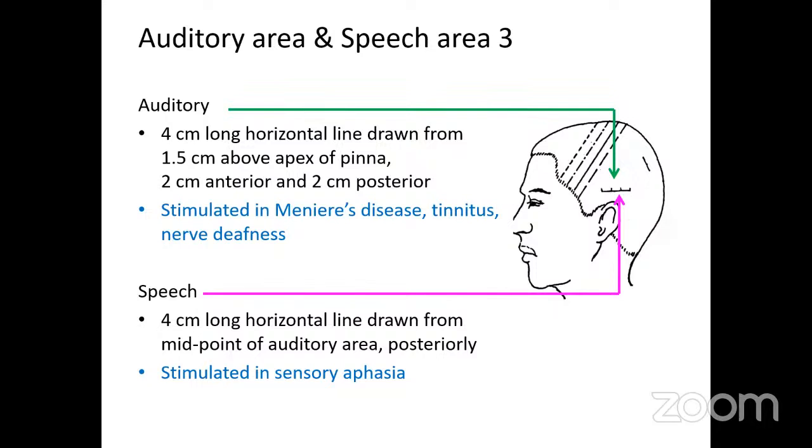Posterior 4 centimeters of the 6 centimeter line becomes the speech area 3. And the middle 2 centimeters are common to both. Now this can be used for all ear problems, tinnitus, Meniere's problems, vertigos, deafness, as well as sensory aphasia. So you can stimulate these points.